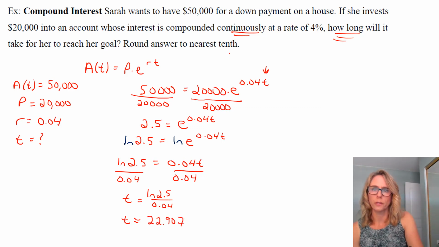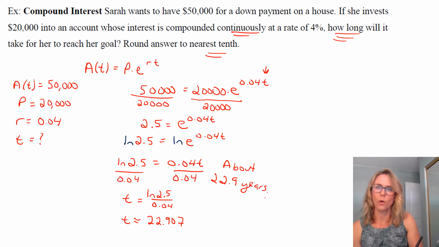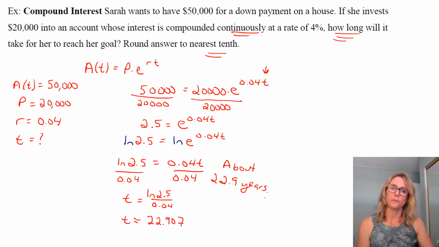We are told to round to the nearest tenth, so we'll say about 22.9 years. So almost 23 years to go from $20,000 to $50,000 at a rate of 4% compounded continuously. So that's a bunch of examples of exponential equations.